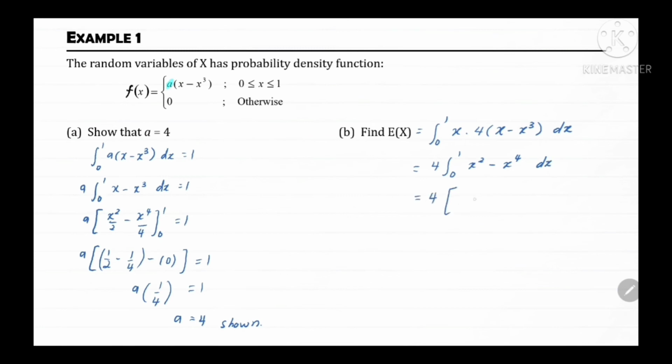Integrate, from 0 to 1: 1 over 3 minus 1 over 5 minus 0 equal to 8 over 15. So expectation of x is 8 over 15.